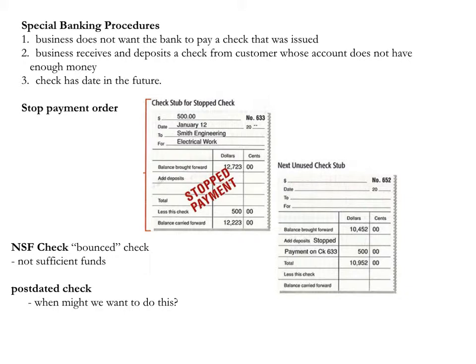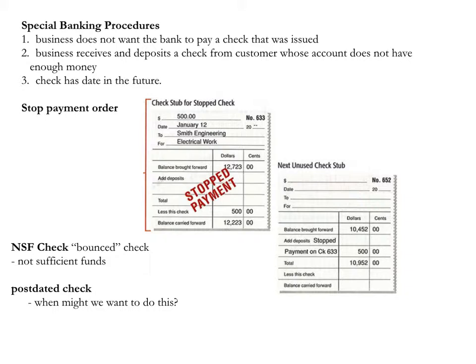What if a business receives and deposits a check from a customer whose account does not have enough money? In this case, we have what is called an NSF check, or a bounced check. NSF stands for not sufficient funds, and the check is just no good. The other option would be a check has a date in the future, and this is called a post-dated check.